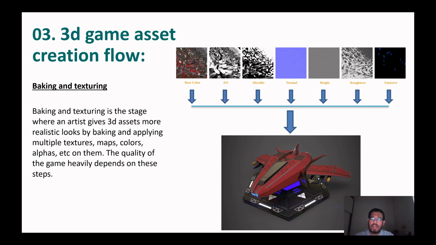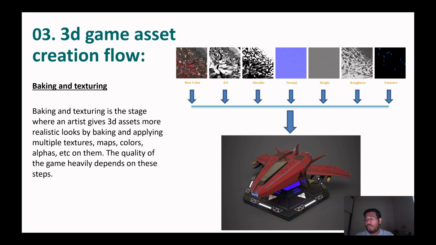Roughness is about how your surface is, whether it is smooth or rough. That sort of smoothness is controlled by the roughness map. And emissive is responsible for the light, wherever there is light, there is the emissive map.